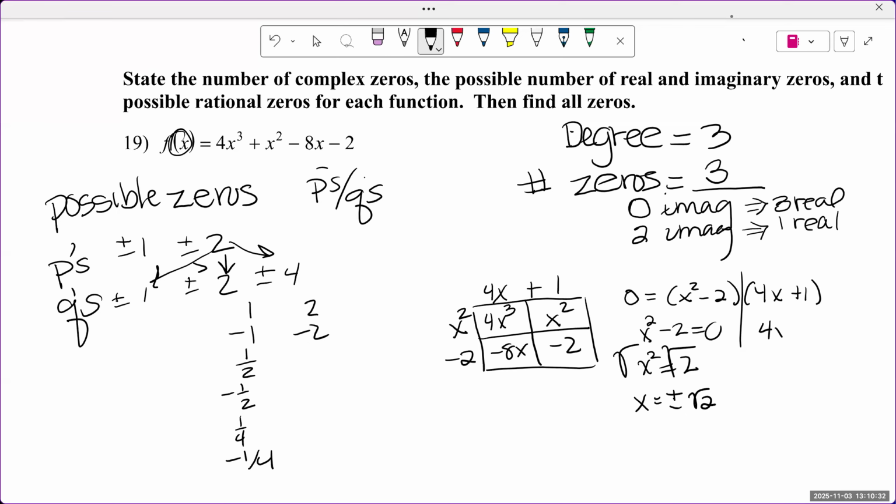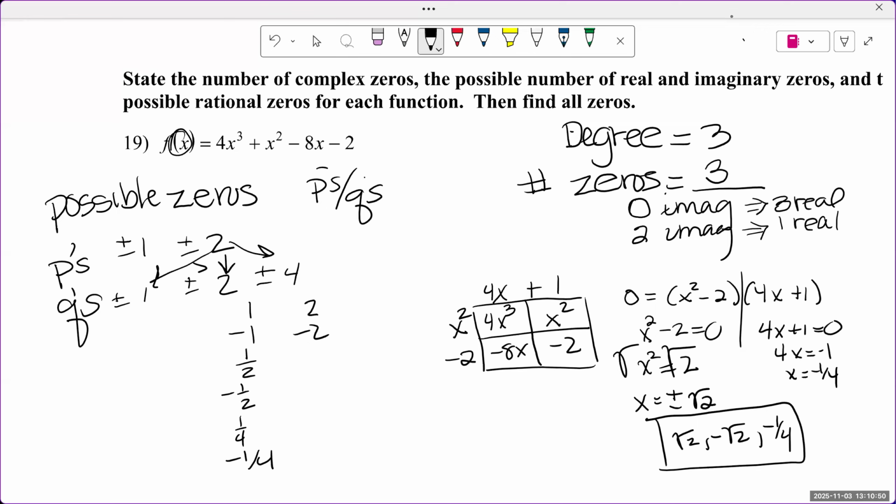Okay, and now 4x plus 1 equals 0. Subtract 1 from both sides, divide by 4. So we have rad 2, negative rad 2, and negative 1/4.